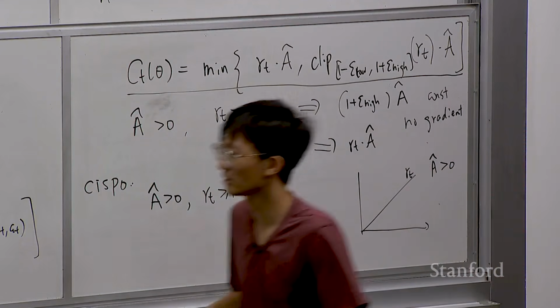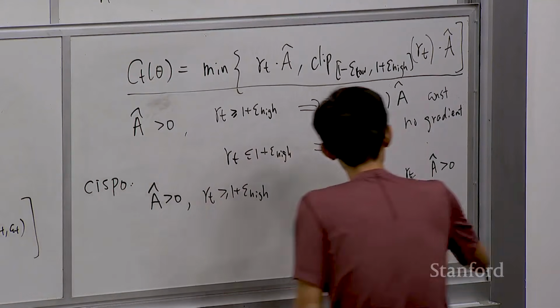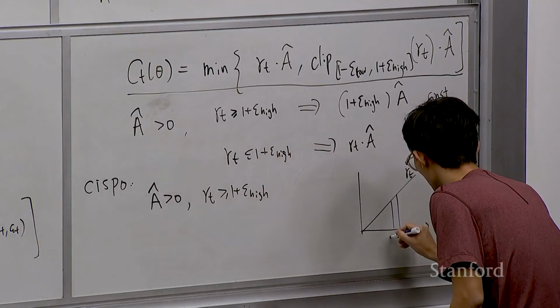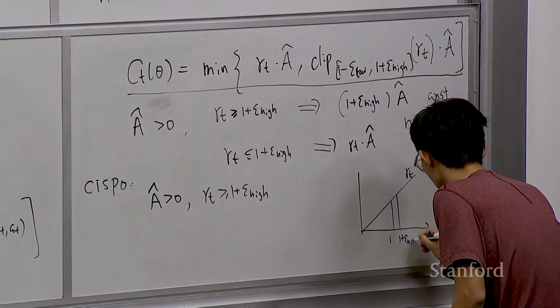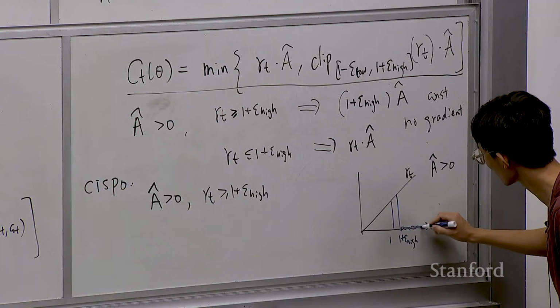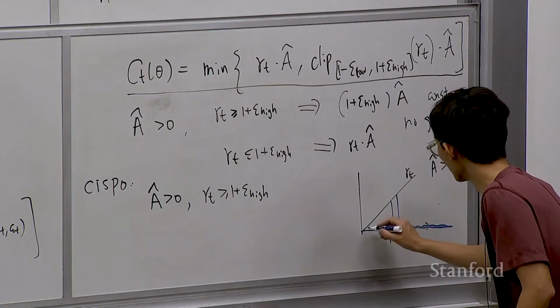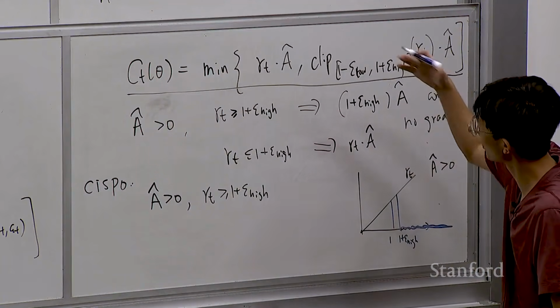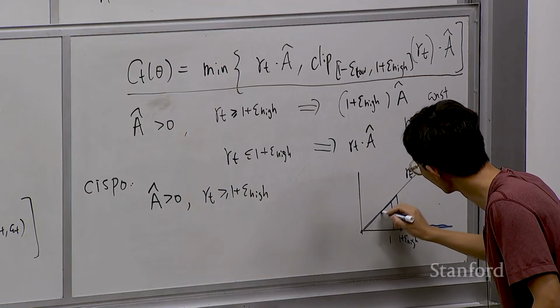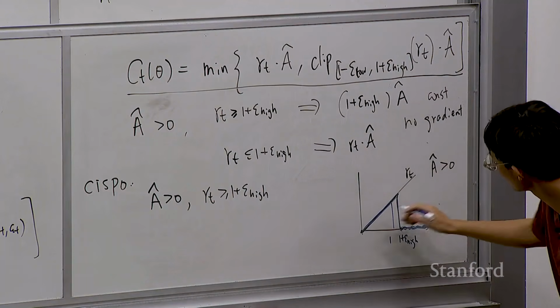And GRPO is trying to say, if I'm above 1 plus epsilon high, let's say 1.2, I'm going to take 0 afterwards. I have no learning if I'm already okay. So that's PPO. Sorry, not GRPO. GRPO is an advanced version of PPO, which is doing the same thing in this aspect. So this is PPO.